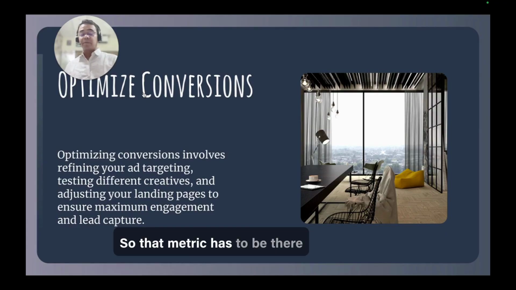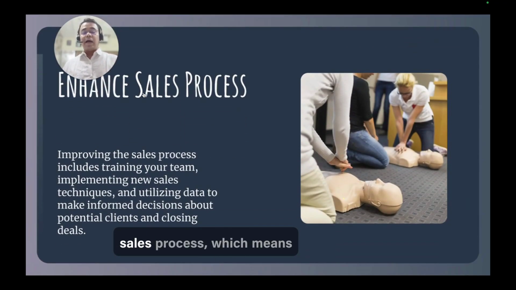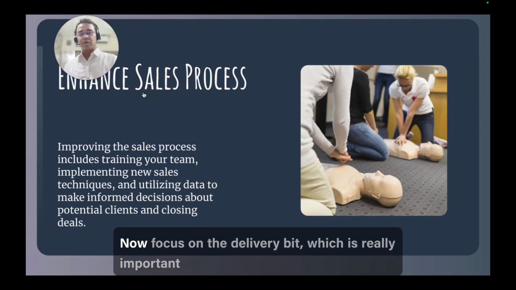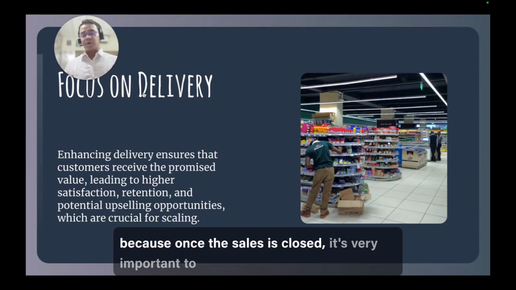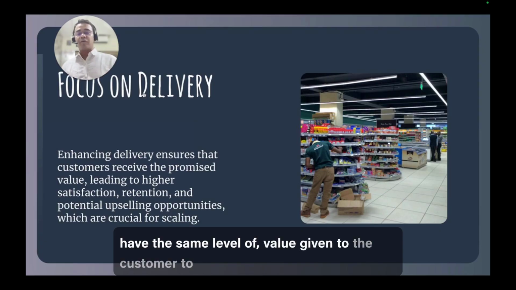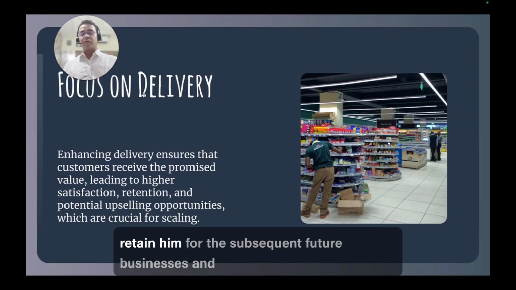So that metric has to be there to optimize the conversation and enhance the sales process, which means improving the sales process, training the team, and also identifying new sales techniques which are really critical for the customers. Now, focus on the delivery, which is really important, because once the sale is closed, it's very important to give the customer the same level of value to retain him for subsequent future business and opportunities as well.